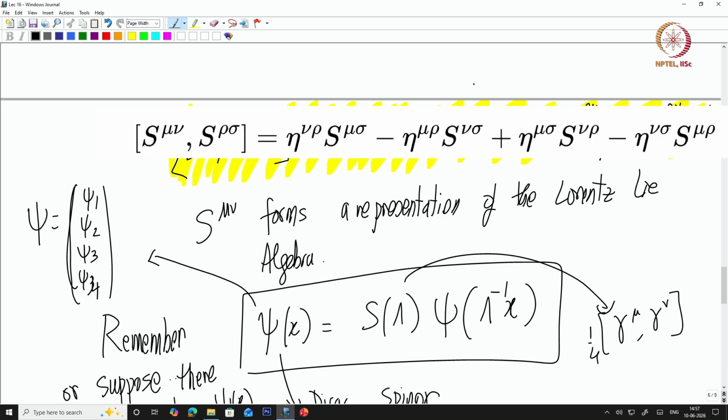That is a basic point. So, you can think of spinors as also forming representations of the Lorentz algebra, and so they can also be listed as particles.